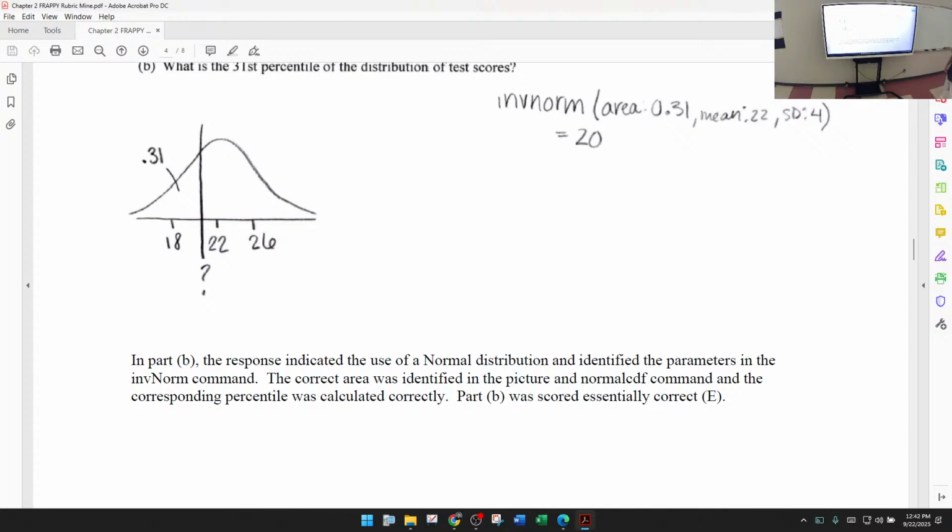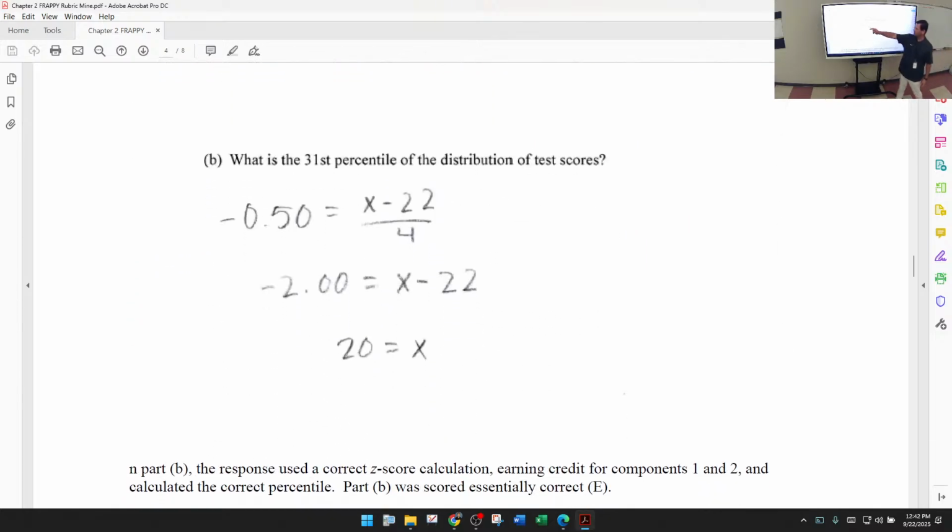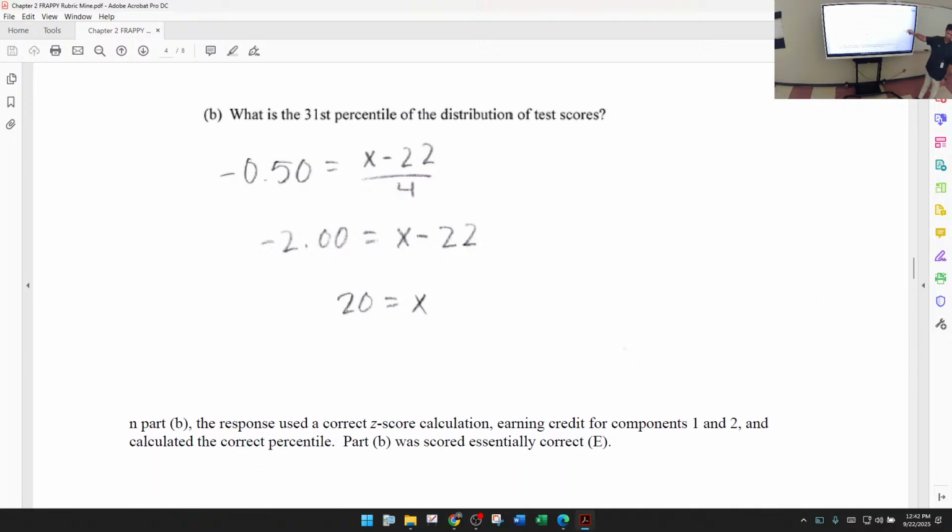The correct area was identified in the picture and in the normal CDF, and the corresponding percentile was calculated correctly. So that was scored an E. Z equals X minus 22 over 4, got 20 for X. That actually was an E.